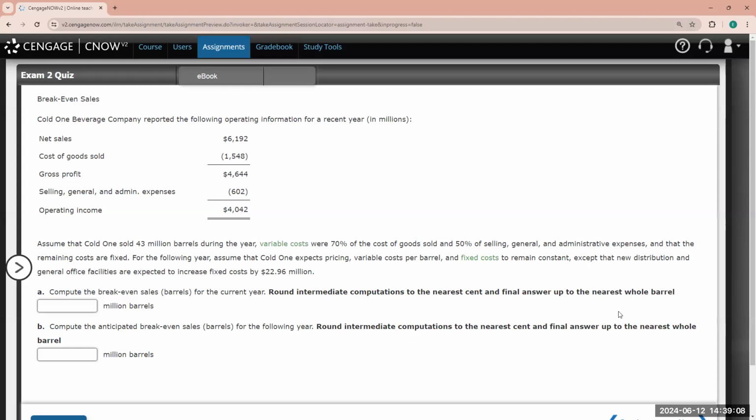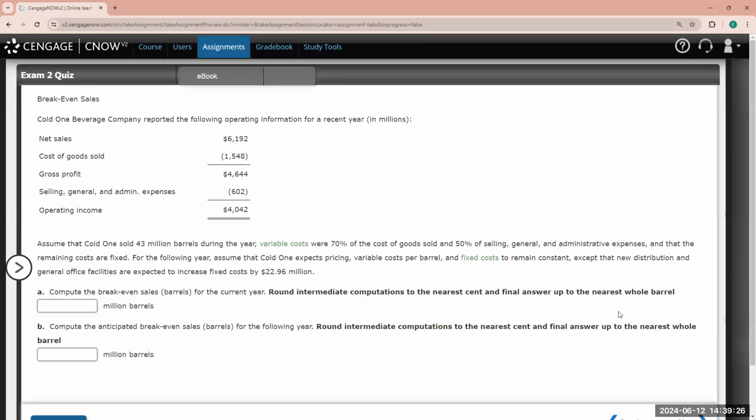So it's asking, assume that Cold One sold 43 million barrels during a year. Variable costs were 70% of the cost of goods sold and 50% of selling, general, and administrative expenses, and that the remaining costs are fixed.